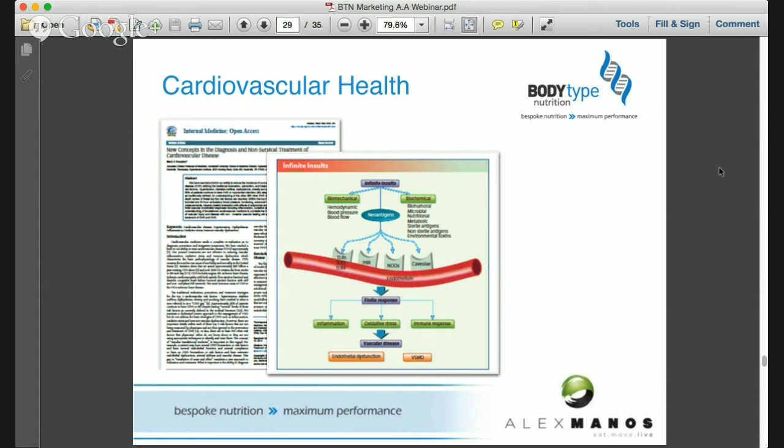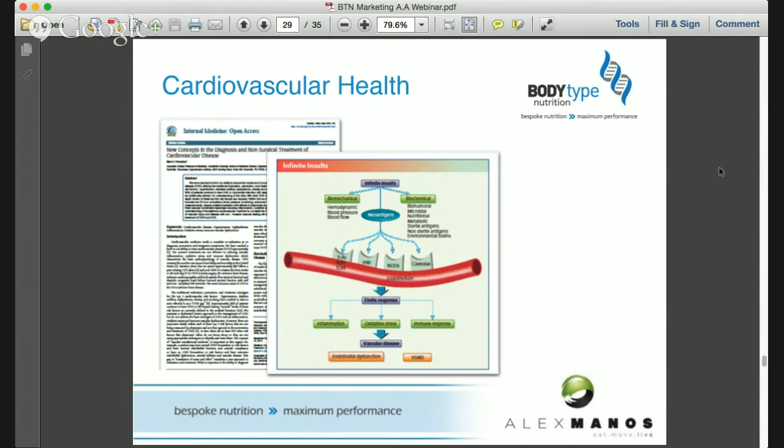We can break those infinite insults into biomechanical, things like blood flow or pressure, and also biochemical, so hormones, nutrient status, various antigens, bacteria, viruses, etc., environmental toxins like heavy metals, like mercury, for example. All of these sorts of insults are able to damage the endothelium.